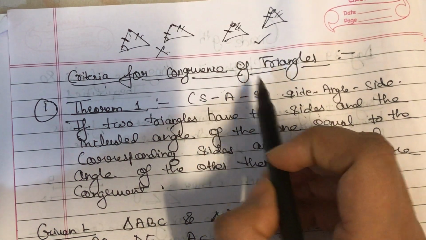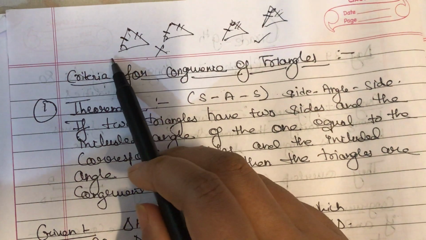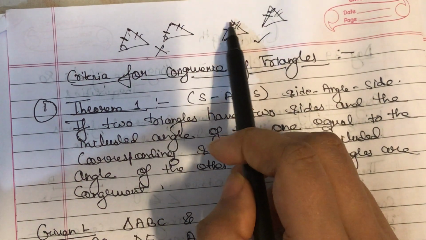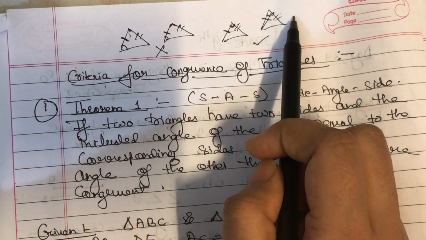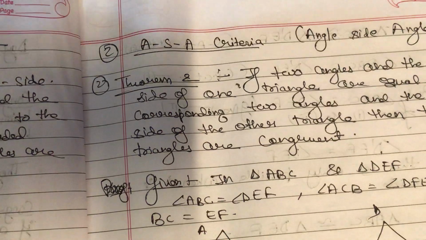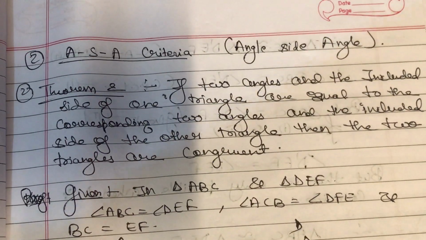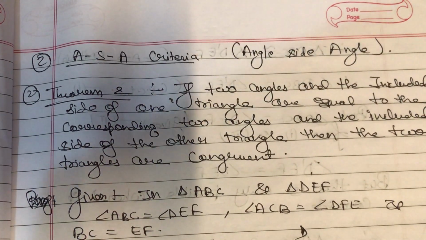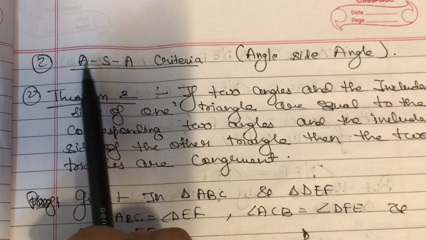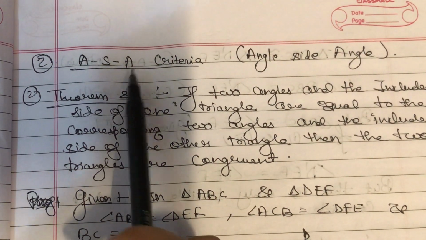SAS doesn't mean any two sides and any one angle. It means the angle must be in between the two equal sides. Similarly, if I talk about ASA, so angle, side, angle, the side must lie in between the two equal angles, right?